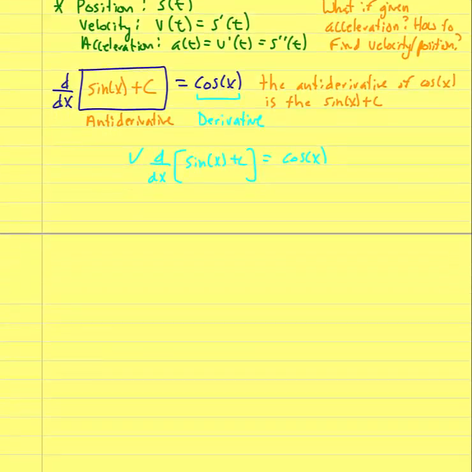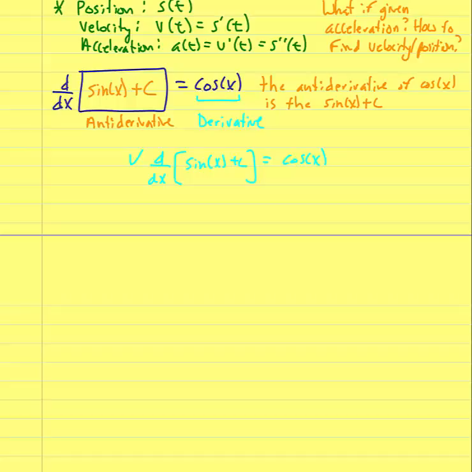So what I'm seeing here is the antiderivative is not unique, because I can add any constant I want to this. That's why I have this entire family of solutions.